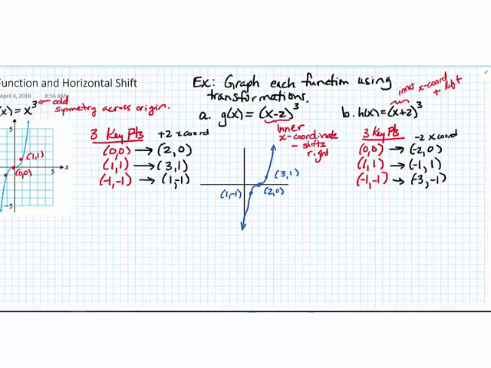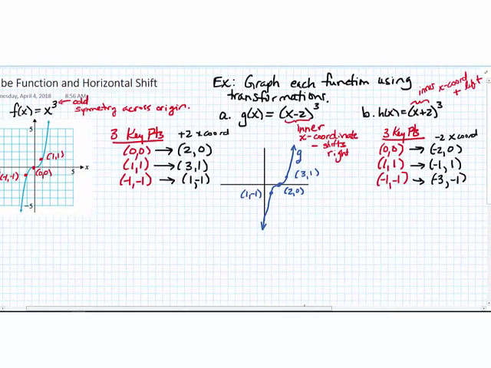Okay, so I'm going to graph it on the same axis that I just did part A. That was the graph of G in blue. Let's go ahead and graph H in green. So I'm going to go through negative 2, 0.